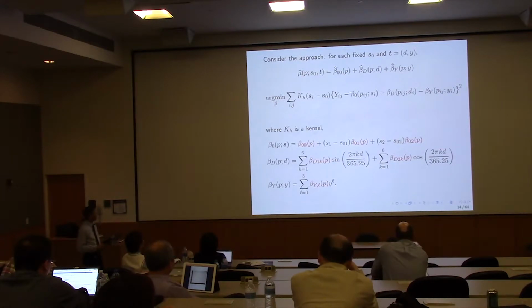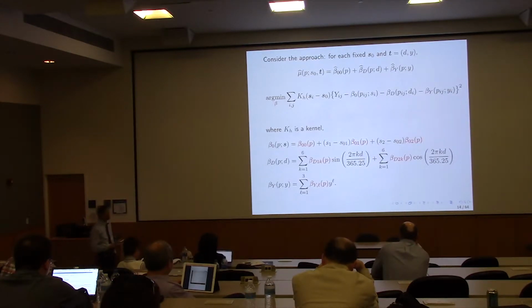And so Yij is the profile that was observed at the location Si. So we'll make sure that I only include profiles for which the location is relatively close to S naught, where my estimation takes place.